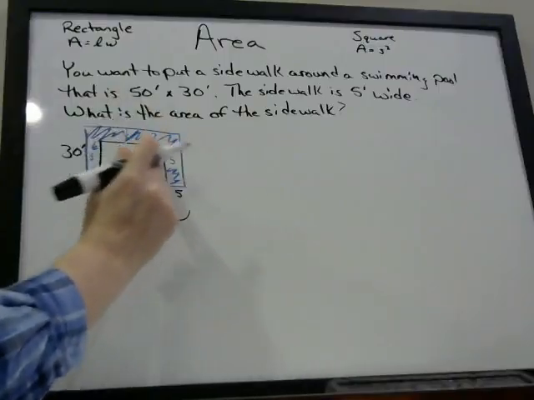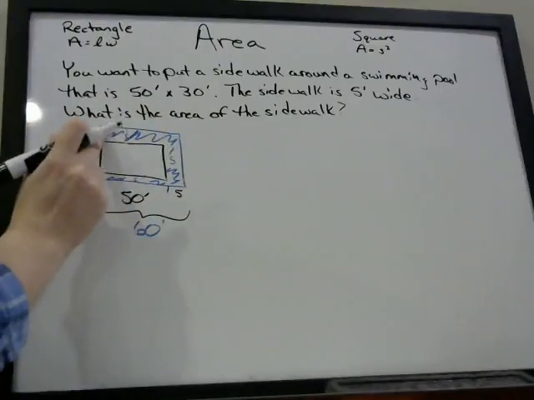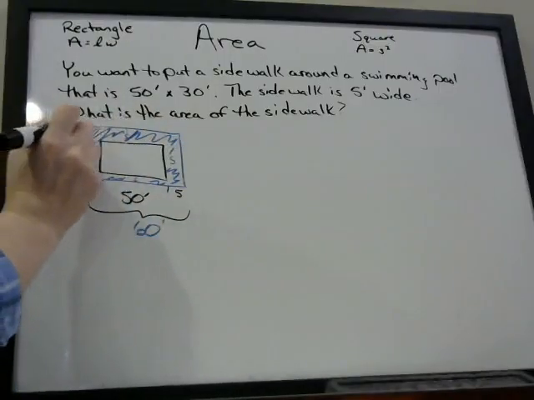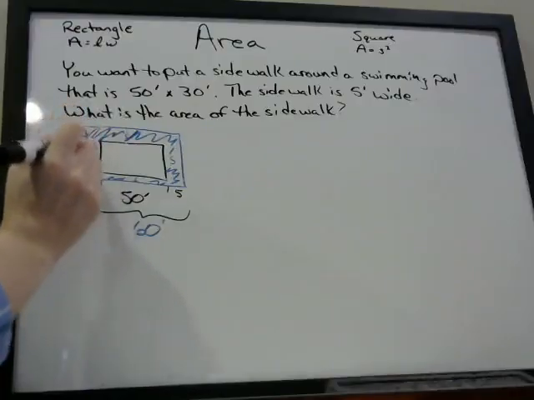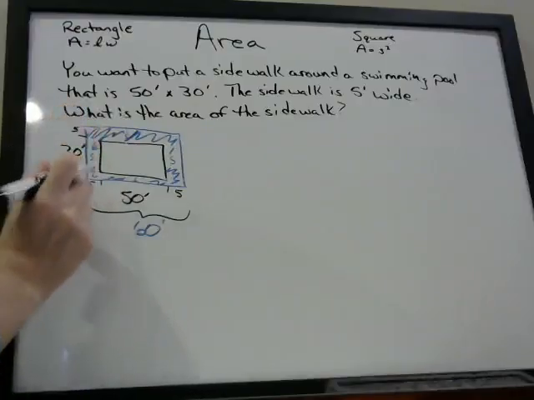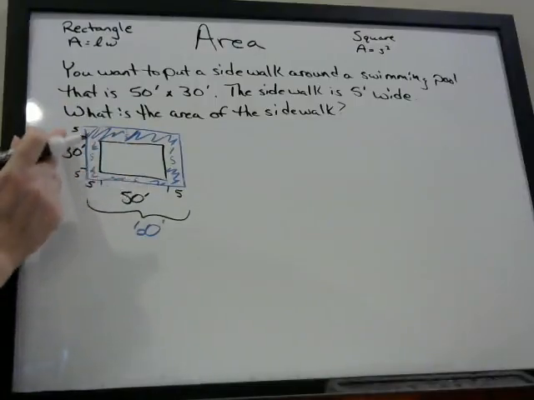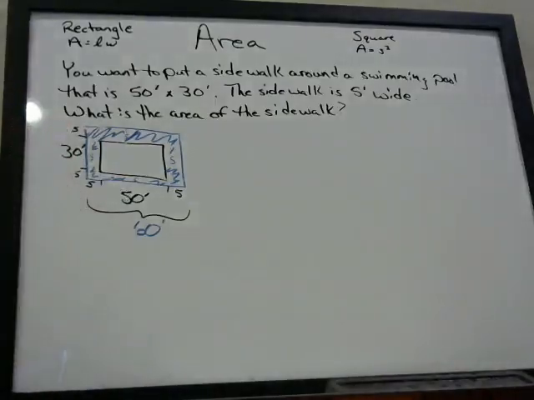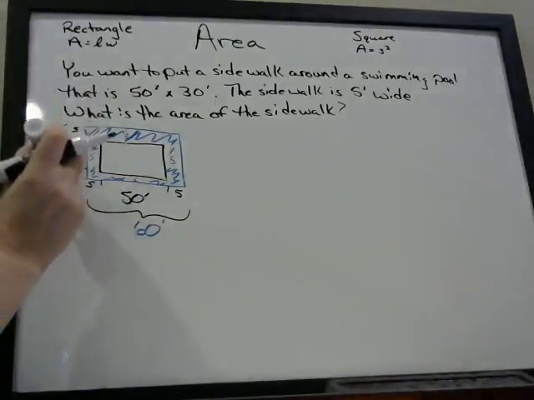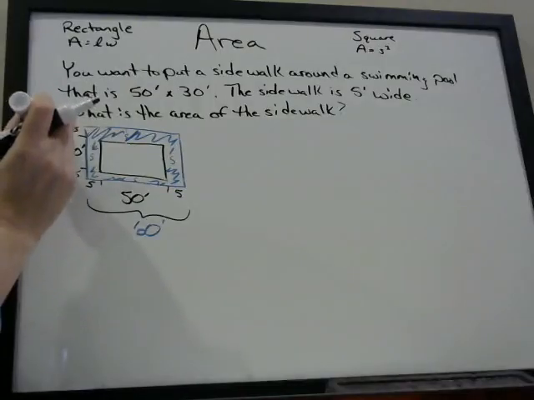remember we had 30, and then we're going to add 5 up here. So there was 5 up here, and there's 5 down here, because the width of the sidewalk is 5. So we have 30 there, plus 5 is 35, plus another 5 is 40.